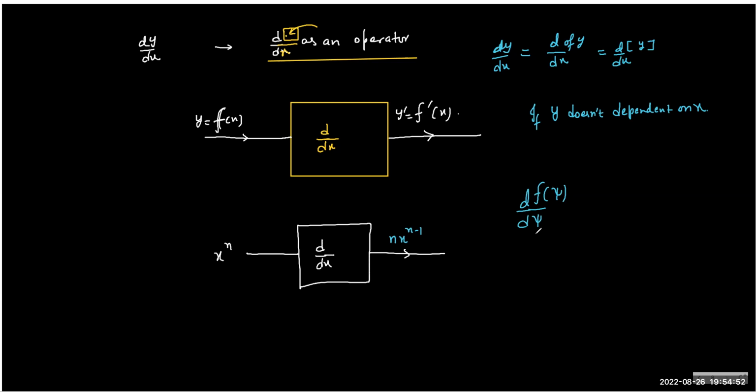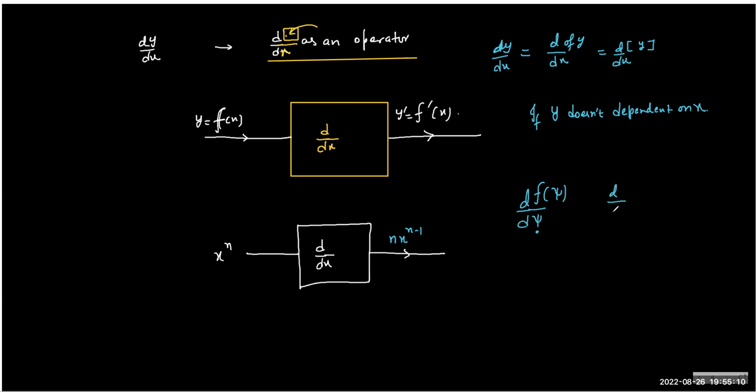Because d by d sine means you're trying to bring a change in this variable. Then this derivative will only work if the function has a dependency on this variable. Is this clear?